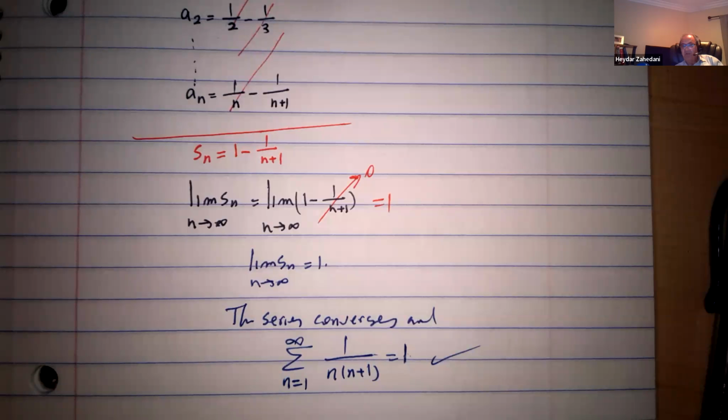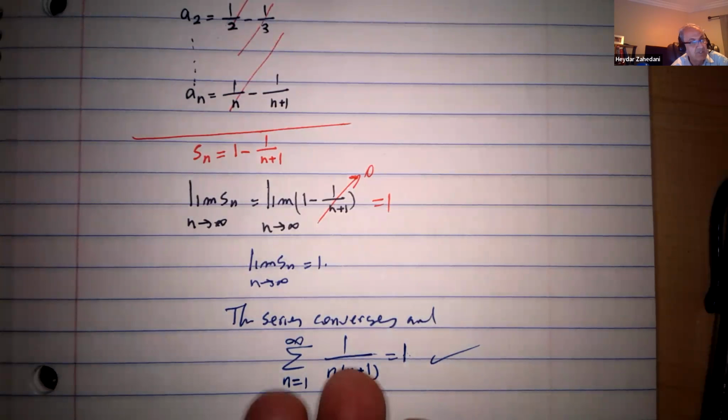These are a couple of examples of this series. Then there are some properties of this series that we can use to get more information. As I told you, it's not easy for the other series to find the sum of the series.